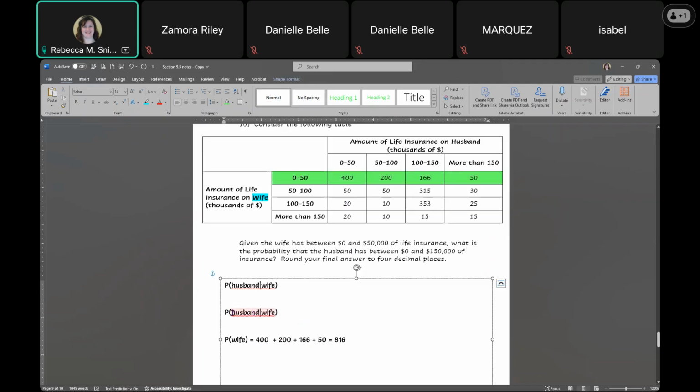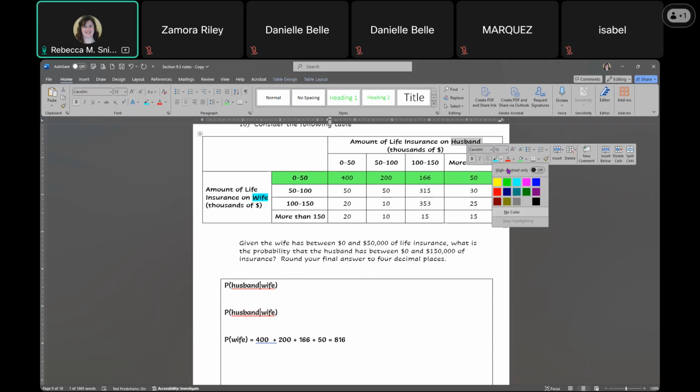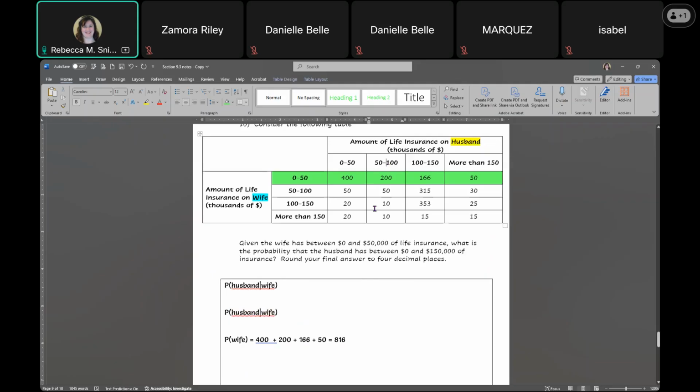Now, in order to do the husband, because that's going to be this side, here's the husband's insurance, we have to look at what his is specifically, and the husband has to be between 0 and 150.